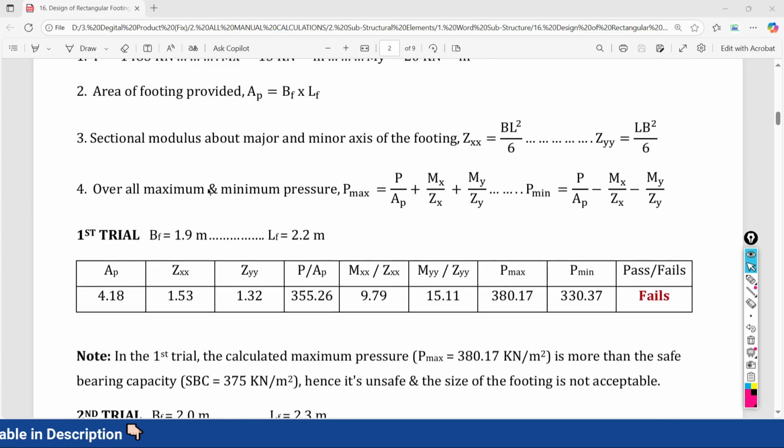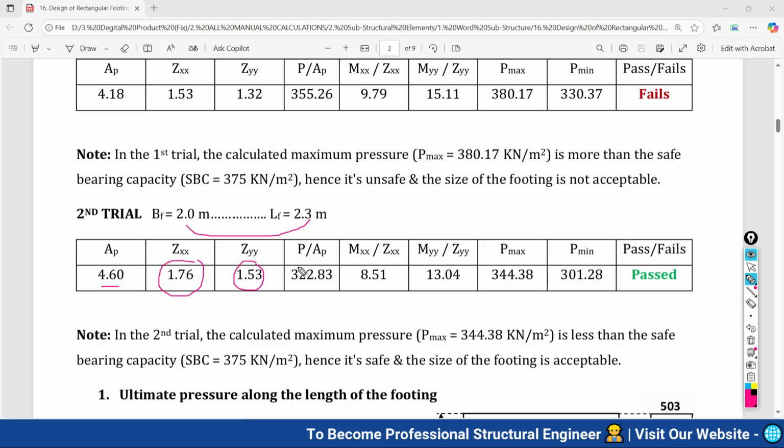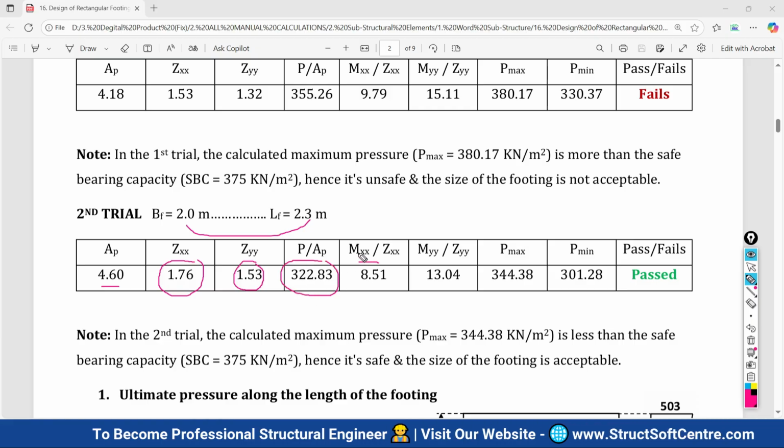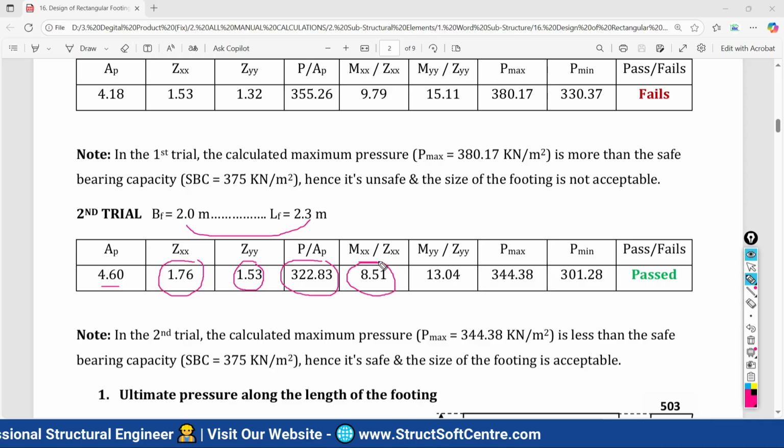Repeat the same calculation again and you will get all these values. Total area of the footing 4.6. If you multiply these two values, 2 into 2.3, you will get 4.6. Sectional modulus, these values about the major and minor axis. Pressure, total pressure you are getting this, and this value, moment about major axis divided by sectional modulus, 8.51.